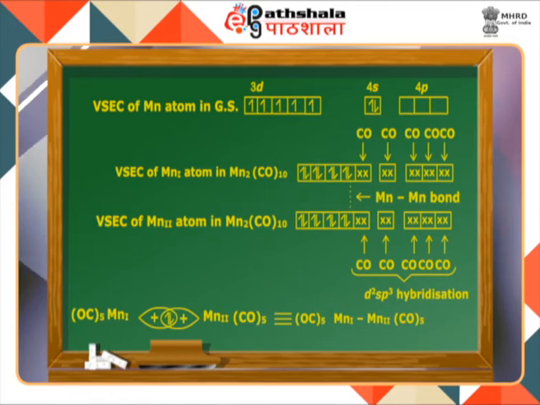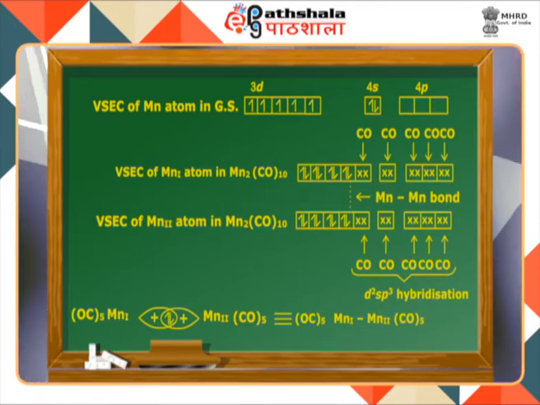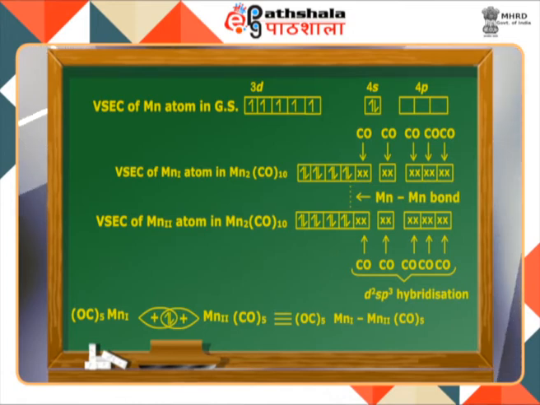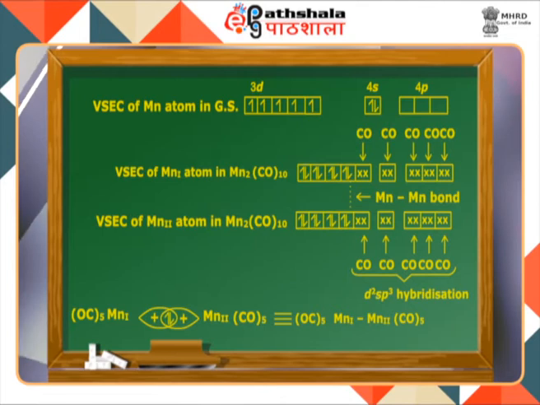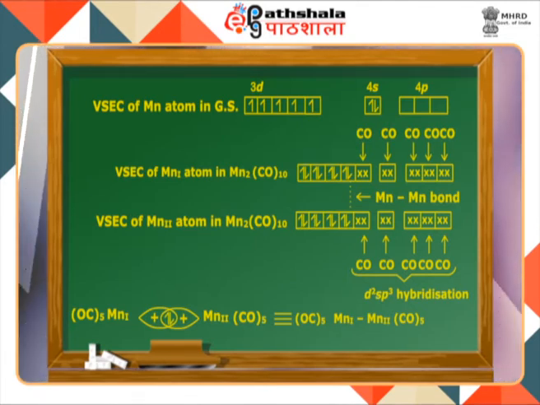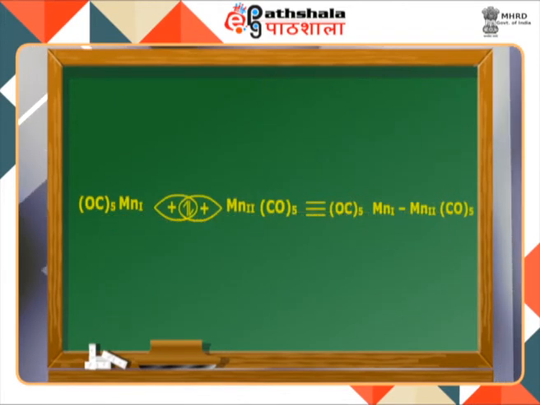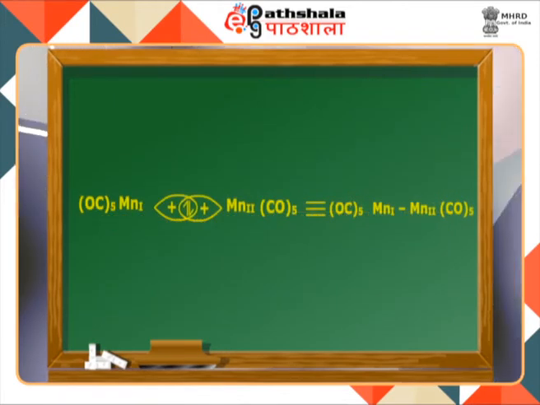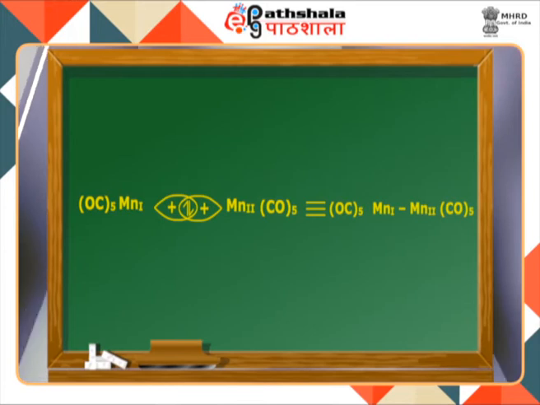In cobalt carbonyl, the cobalt-cobalt bond is formed by the bent overlapping of singly occupied d2sp3 hybrid orbitals of two cobalt atoms, resulting in the formation of a bent cobalt-cobalt bond. You can see from the diagram the bent overlapping of singly occupied d2sp3 hybridization.